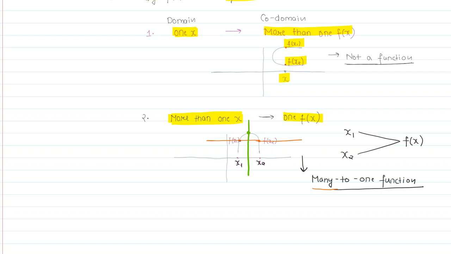And it is passing through only one point, while in this graph here, when we drew a vertical line, it crossed through two points, hence it fails the vertical line test. So whenever the graph of a function fails the vertical line test, it's not a function.